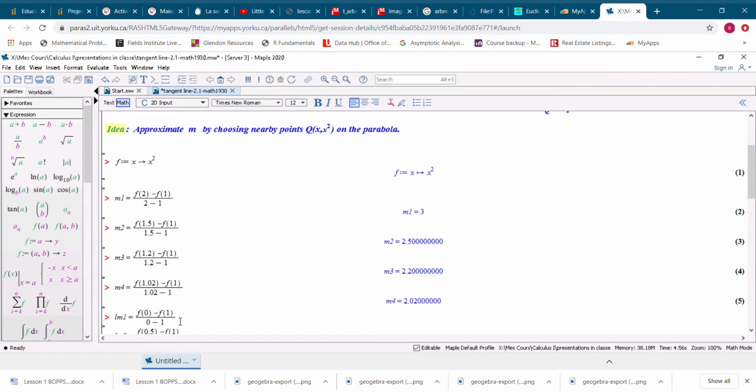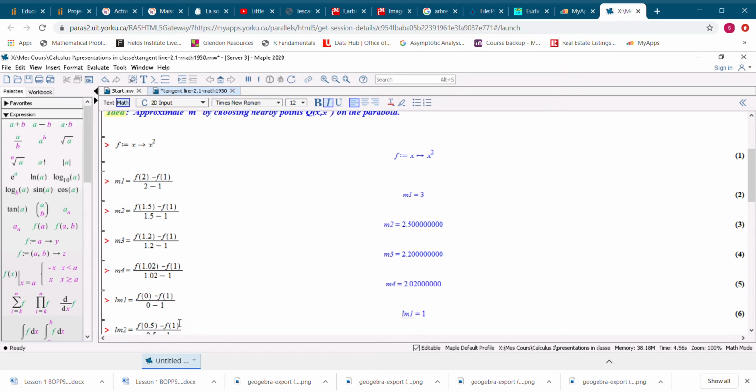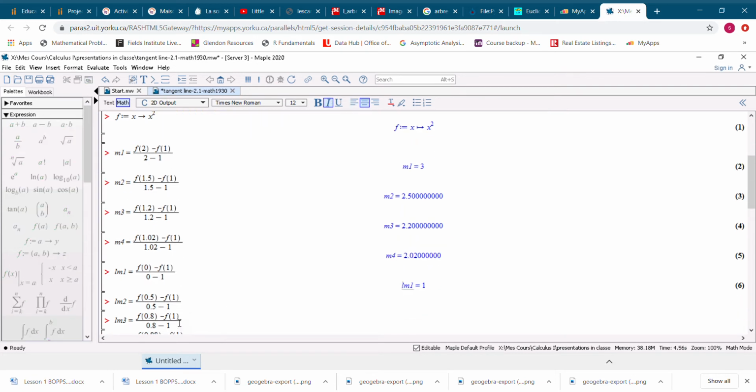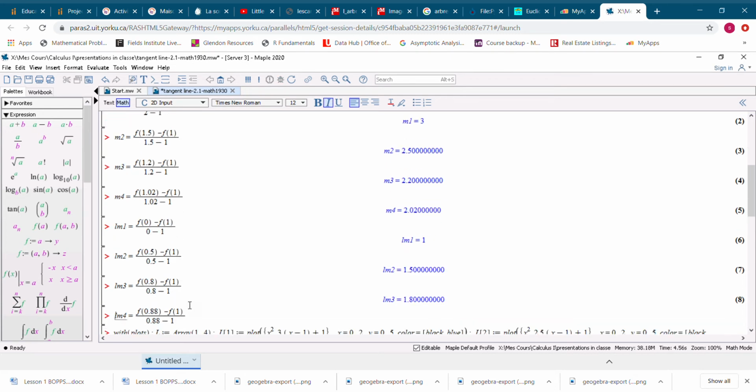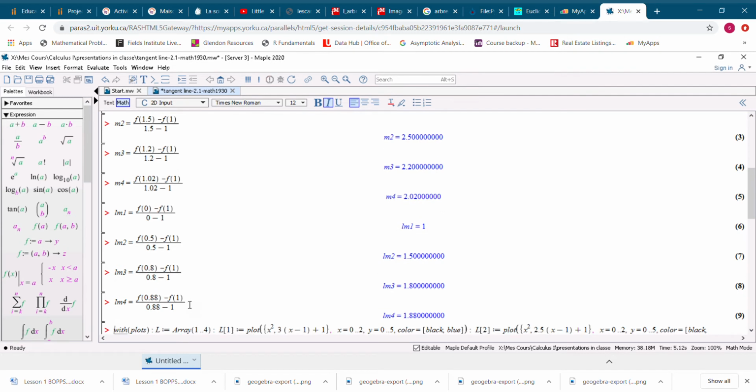Here I'm taking points from the left of 1, so Q has x equal 0.5, then increasing x to 0.8, and finally 0.98. So I took 4 points from the left and 4 from the right.